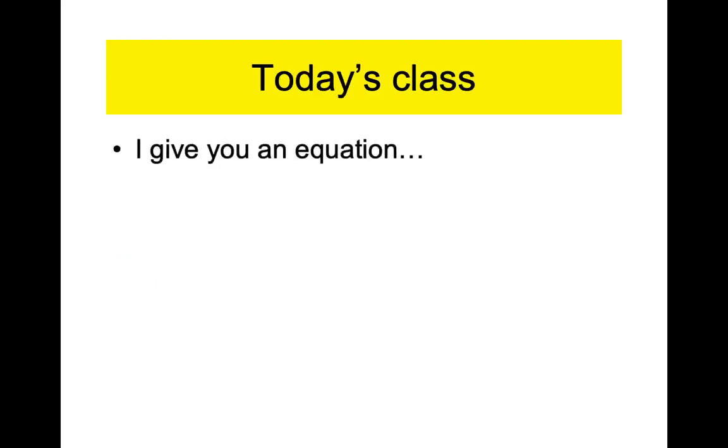Today's class: I'm going to give you a linear equation, and guess what your final answer is going to be? You're going to graph that line. That's all we're doing. Unfortunately for you, it's questions 24, 26, and 28. What did you do on questions 24, 26, 28?